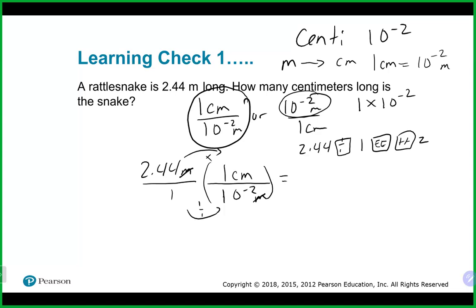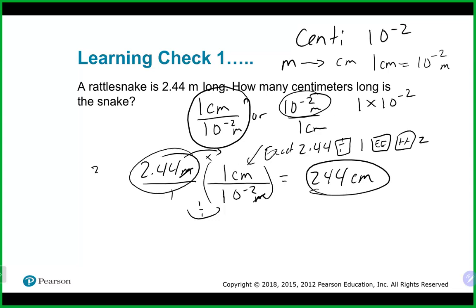And that's going to get us 2.44 divided by 10 to the minus 2, and that's going to give us 244 centimeters in this case. Once again, this is going to be an exact. We don't need to worry about it. Here we have 3 significant figures. So once again, our answer should have 3 significant figures as well. Any questions on that there?